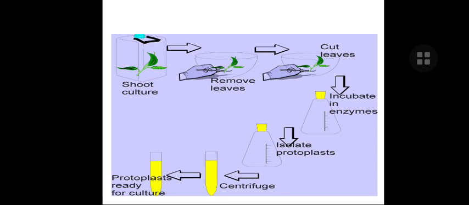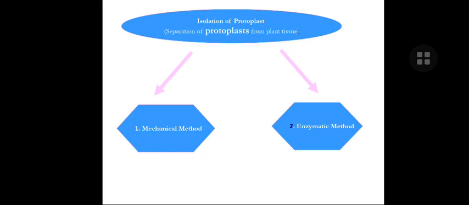We cut the leaves and incubate them in the enzyme so that the cell wall is removed, and the protoplast is isolated, centrifuged, sedimented out, and cultivated. For the isolation of protoplast, two methods are used, the mechanical method and the enzymatic method.